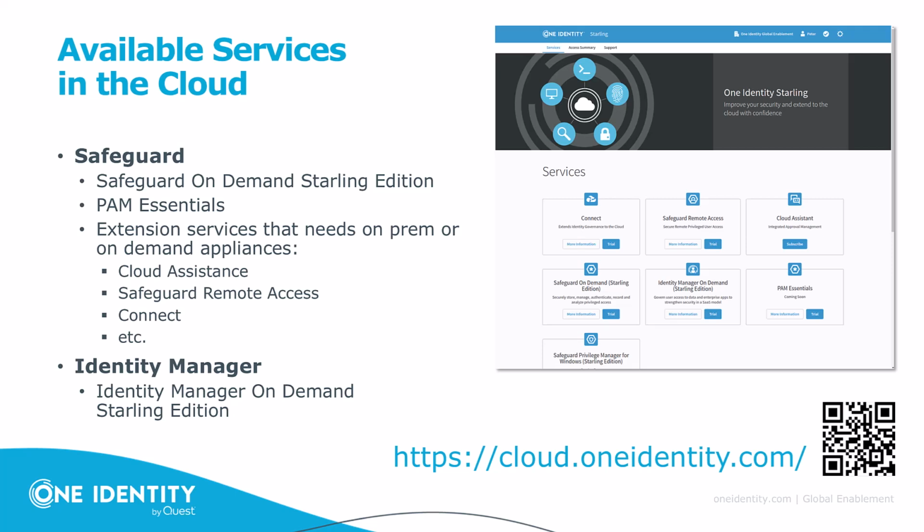We also offer extension services that are not standalone products. They need to work together with on-prem or on-demand appliances, such as Cloud Assistance, Safeguard Remote Access Connect, and so on. This video is about the first two products, Safeguard On-Demand and Identity Manager On-Demand.